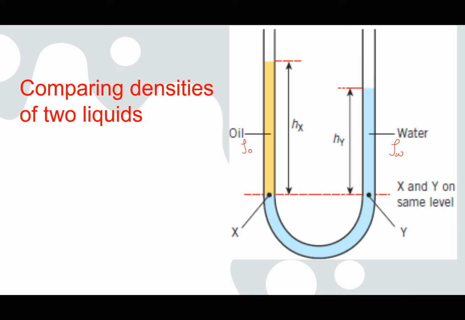However, remember that the pressure at the same level in the same liquid is the same. So if I consider water at this point here, the pressure here is the same as the pressure here at the same level in the same liquid.